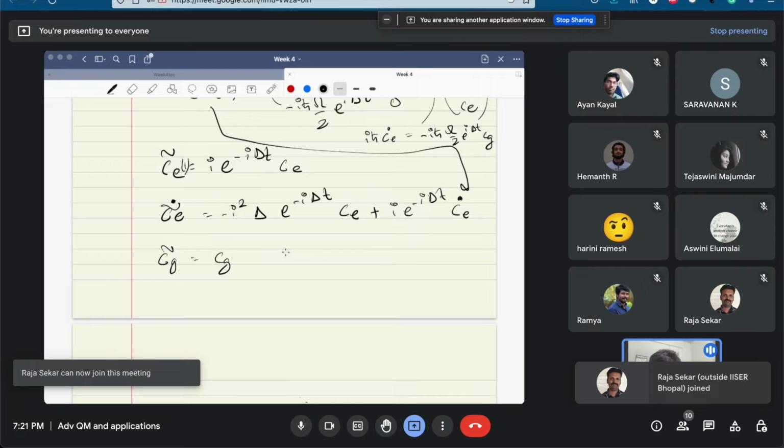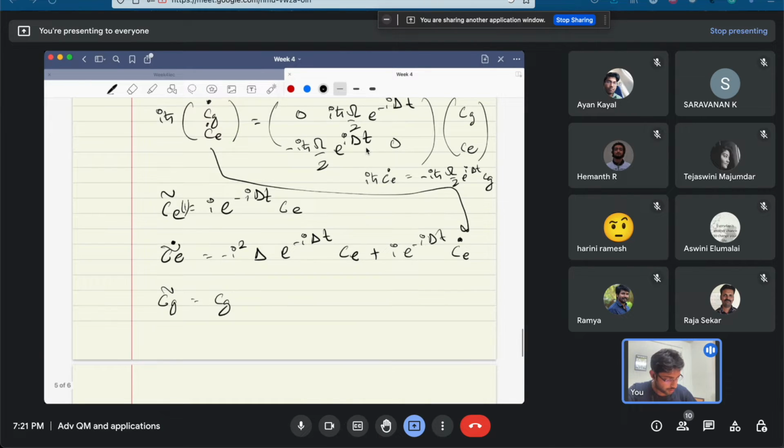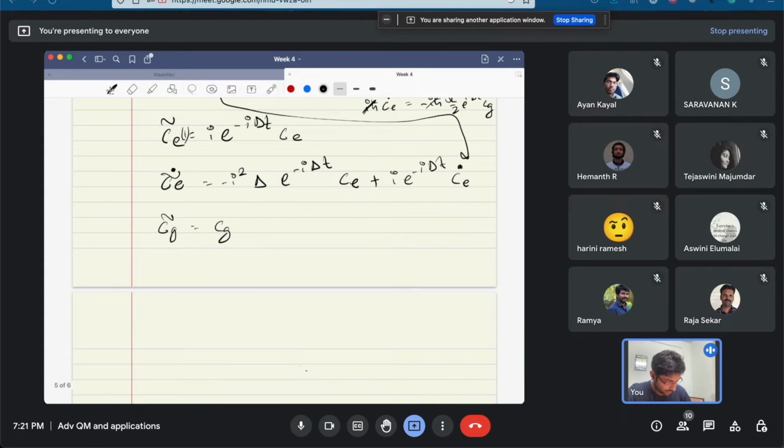So when you substitute your CE dot, here you have i h bar, it's cancelled out. Just pardon me for the coefficients, there can be many i h bars and all. I might get confused at times, and you can point out if there are any mistakes.